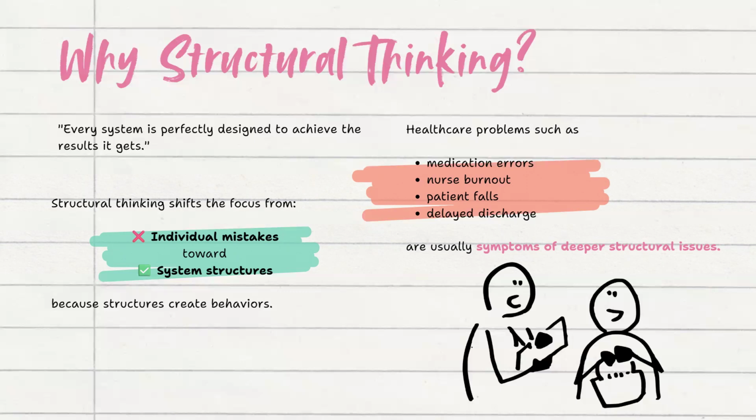Maybe the nurses are interrupted too often, maybe staffing is inadequate, or maybe the medication room layout causes distractions to the staff. So instead of repeatedly fixing the symptoms, systems thinking encourages us to examine the underlying structure. This is exactly why structural thinking is important. It shifts our focus from blame to improvement.